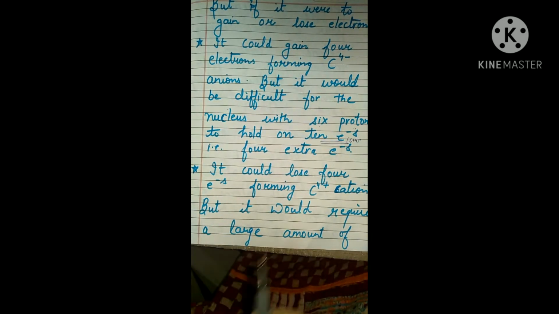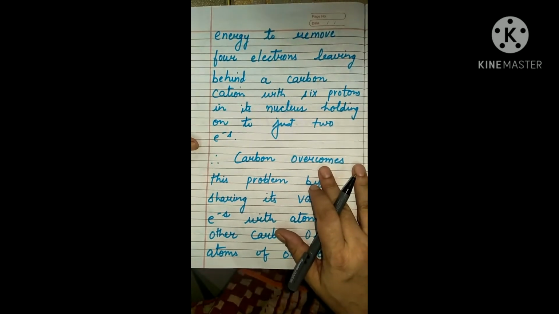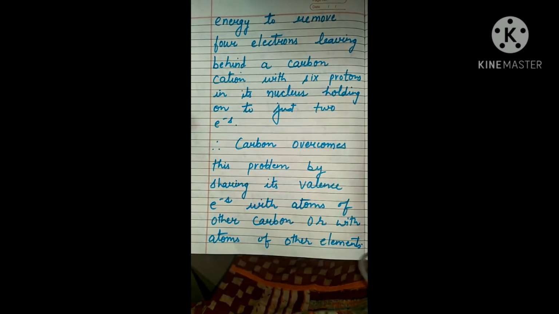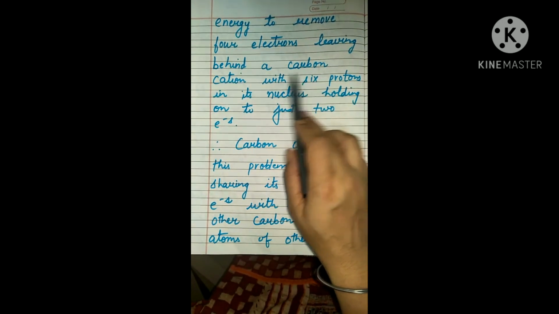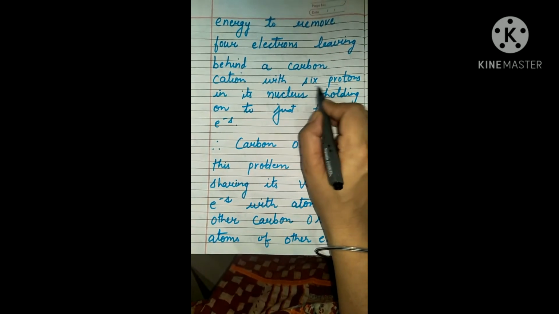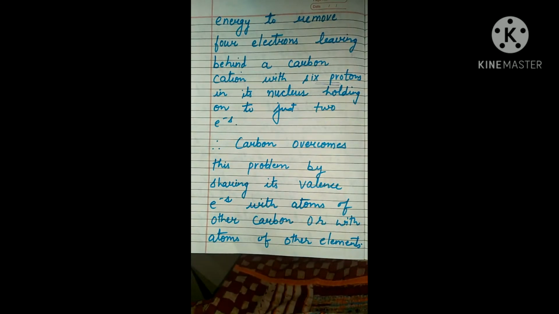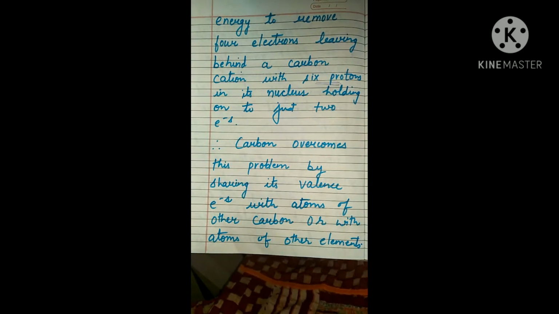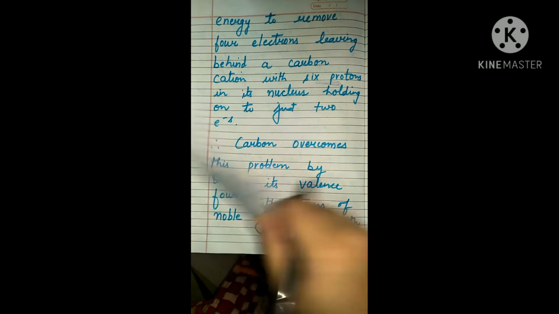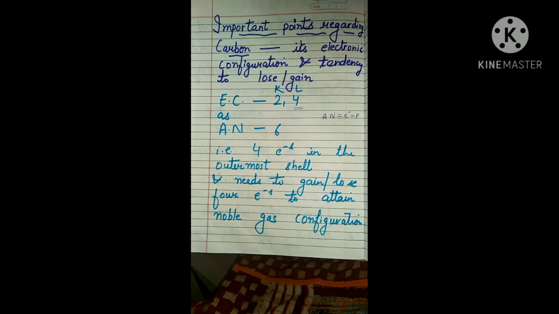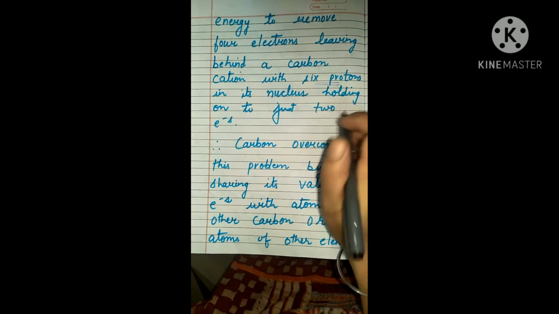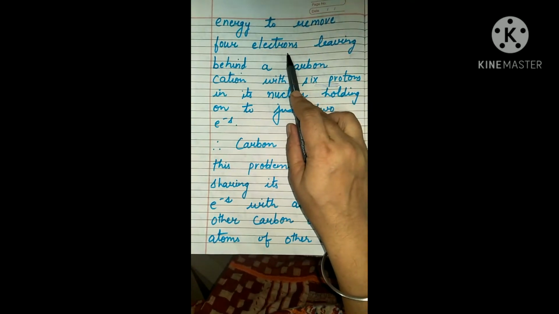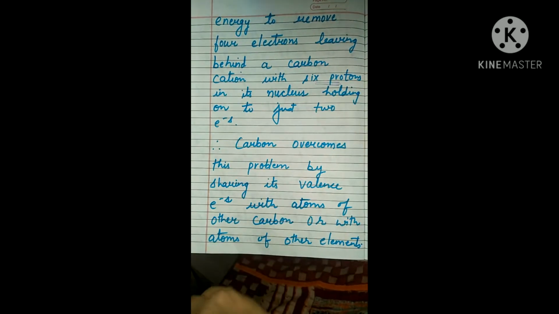Now, if it loses electrons, then it will acquire a positive charge, but it would require a large amount of energy to remove 4 electrons, leaving behind a carbon cation with 6 protons. So a large amount of energy will be required to lose these 4 electrons.